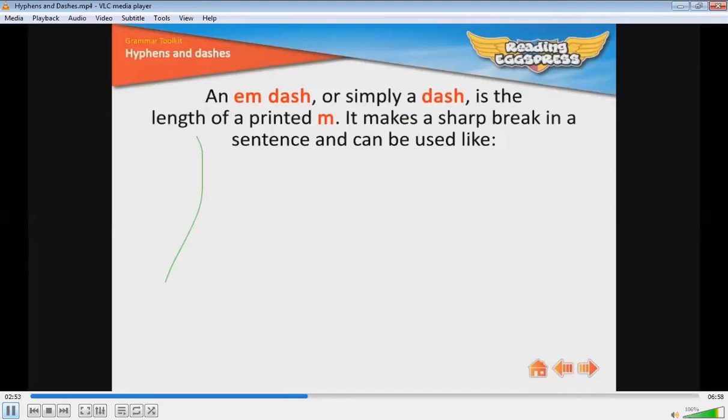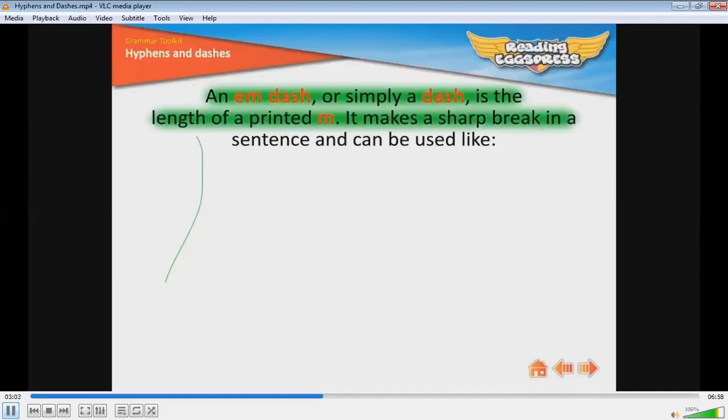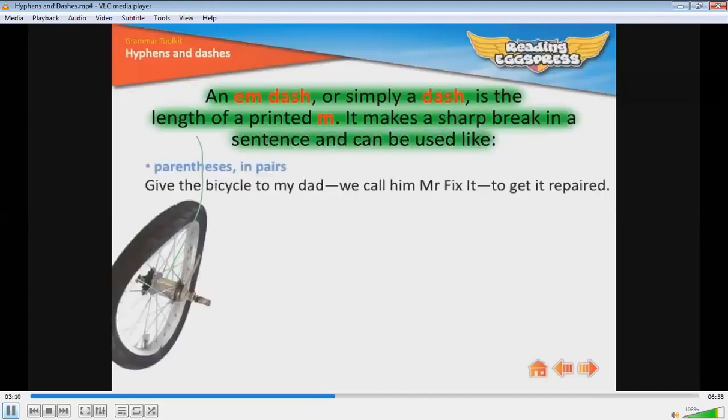You may have seen another sort of dash in some texts, an M dash. An M dash, or simply a dash, is the length of a printed M. It makes a sharp break in a sentence and can be used like parentheses in pairs.